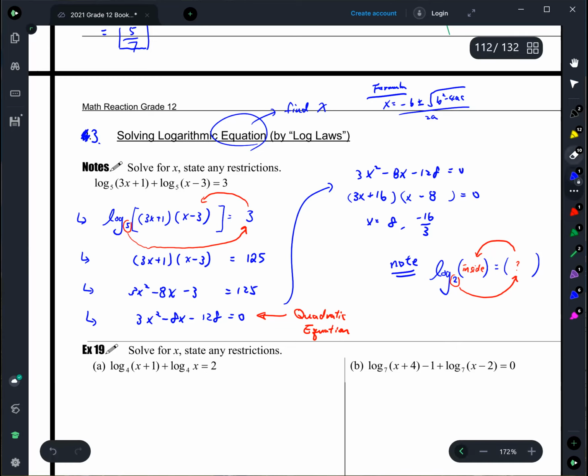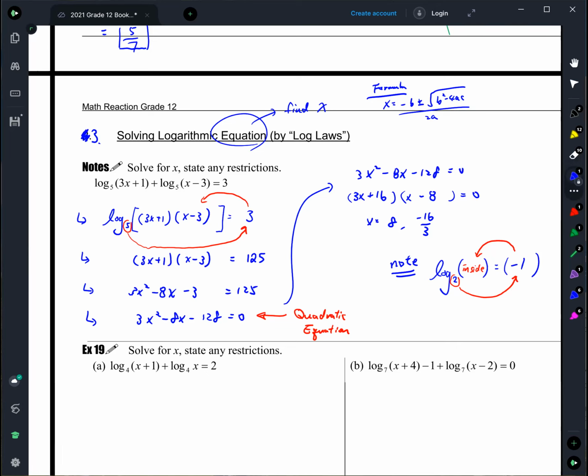For example, if I put 5, then the inside will be 32, right? 2 to the 5 equals 32. Let's say if I put a 0, 2 to the 0 equals 1, so inside will be 1. Everybody follow? Okay, let's say I choose -1.